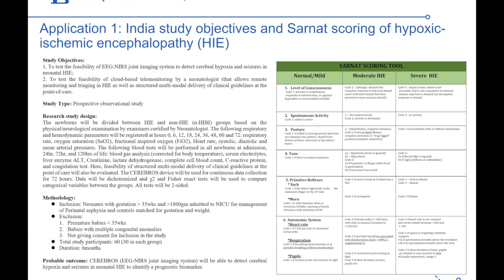Here, this is basically a clinical study where the standard technique used for scoring hypoxic ischemic encephalopathy, or HIE, is the Sarnat scoring. It divides it into normal, or mild, moderate, and severe HIE. It looks at different aspects like level of consciousness, spontaneous activity, posture, tone, primitive reflexes, and autonomic system like heart rate, respiration, pupils.